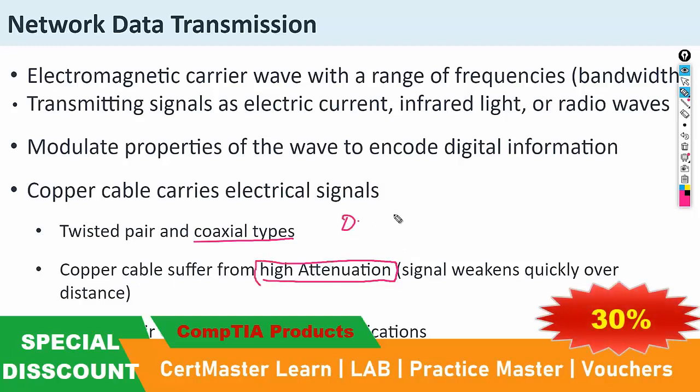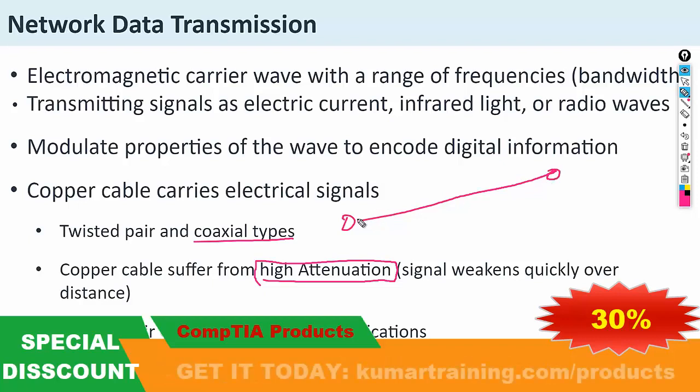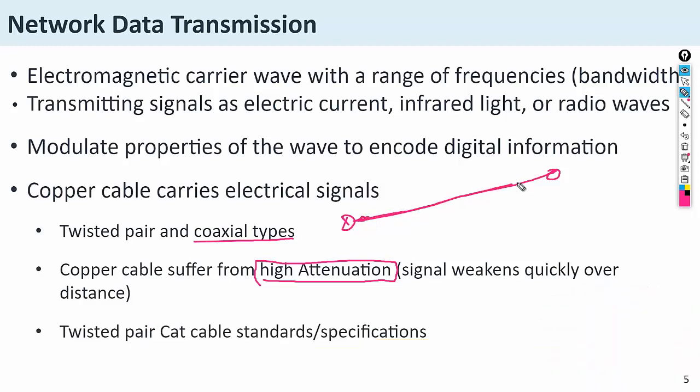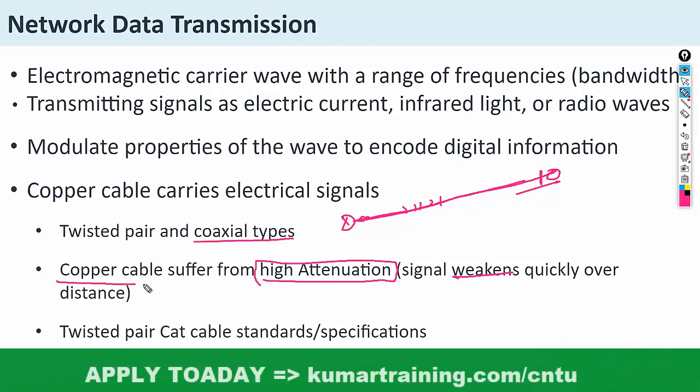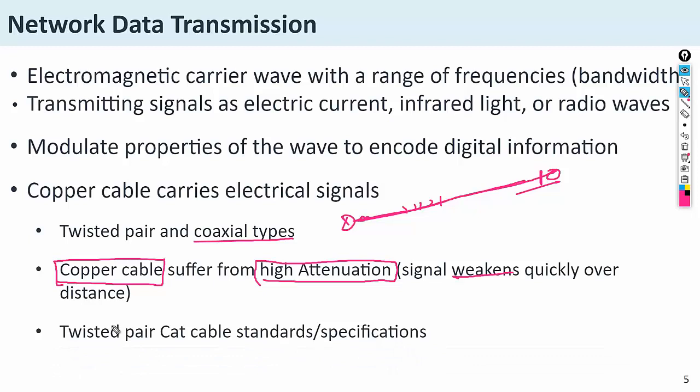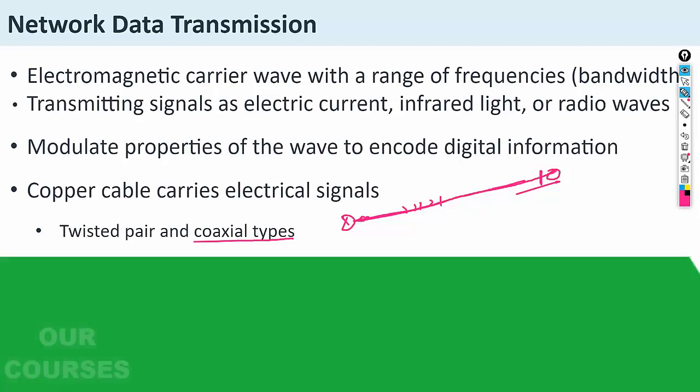When your data is traveling from one location to another location, as the length increases, the signal becomes weak, and after some distance the data will be lost. This mostly happens, and it is the main problem found in copper cable. That is the reason other cables were introduced, like fiber optical cable.